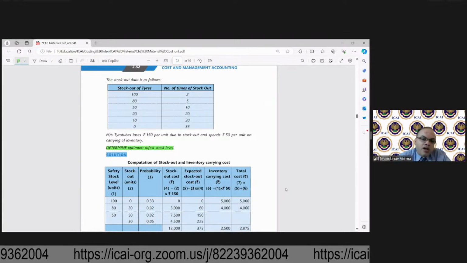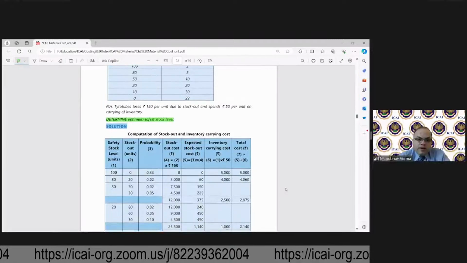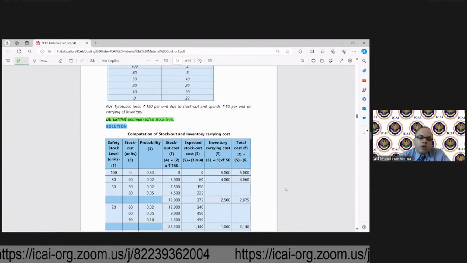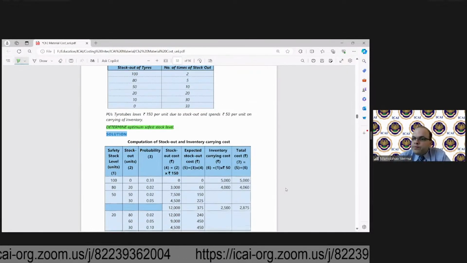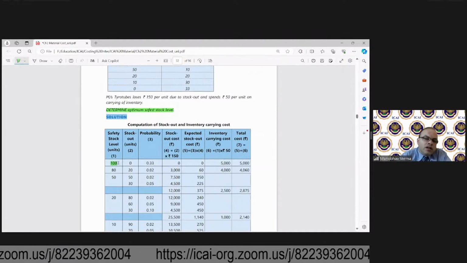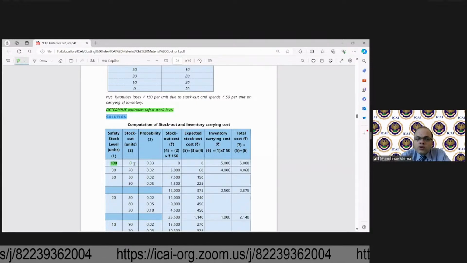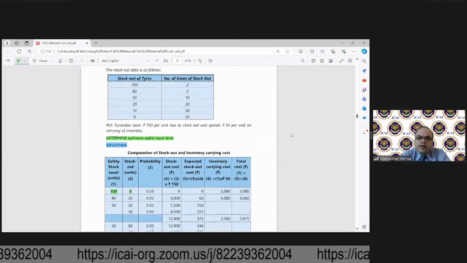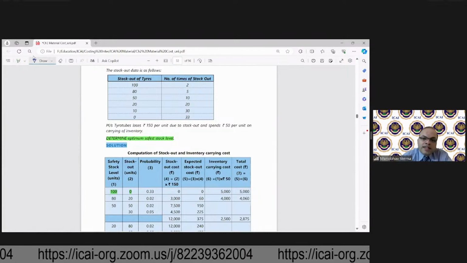But what we are doing here for determining the optimum safety stock level is making a couple of columns. The first column is the safety stock level, that means this much inventory in hand. And the second column is stock out. Now, this is what you need to understand. If I'm having 100 tires here, then I am not having any stock out here, zero stock out. And what is the probability of the zero stock out, guys? We have given the number of times the stock out has happened. You can probably do a quick calculation. What is the total of this section?